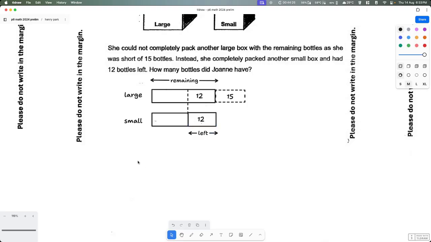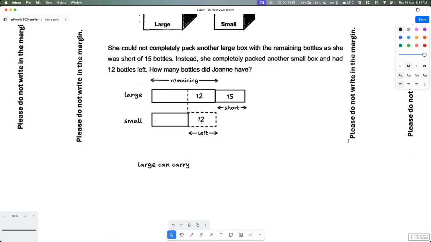Wait, this one should be like this instead. So that means this is short of 15.